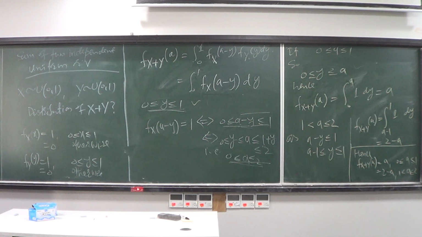So this is really the PDF of the sum of the two uniformly distributed random variables.